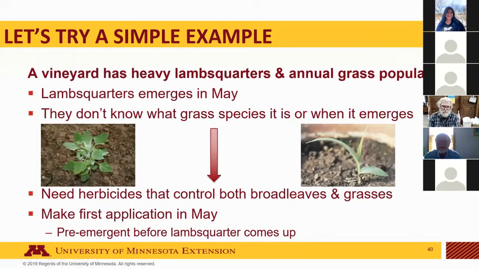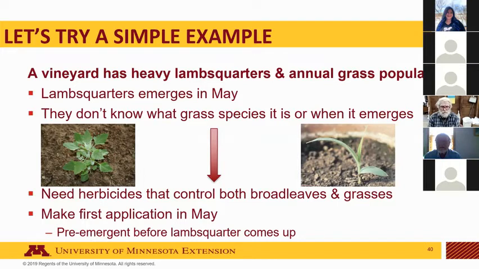So let's try a really quick, simple example on choosing an herbicide. In this example, a vineyard has a heavy lamb's quarter infestation, and it also has a lot of annual grass weeds. A couple of facts. The lamb's quarters is a species that emerges in May, and the grower doesn't know what grass species they have, or when it emerges, they just know that it's an annual grass.